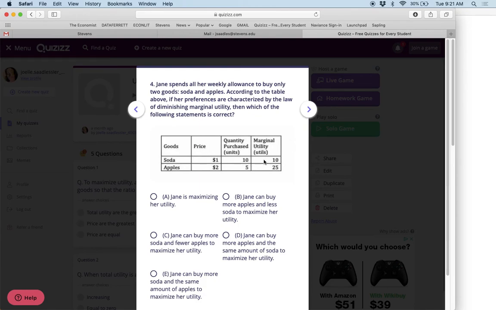So for soda, the value she's getting is 10 divided by 1, which is 10. For apples, the value is 25 divided by 2, which is 12.5. So she gets more value out of apples than out of soda. So she should buy more apples and less soda. Jane can buy more apples and less soda to maximize her utility. This would be the answer.